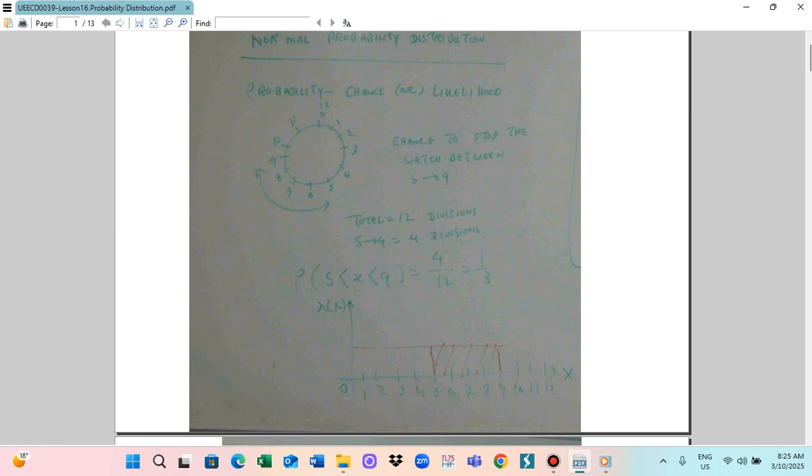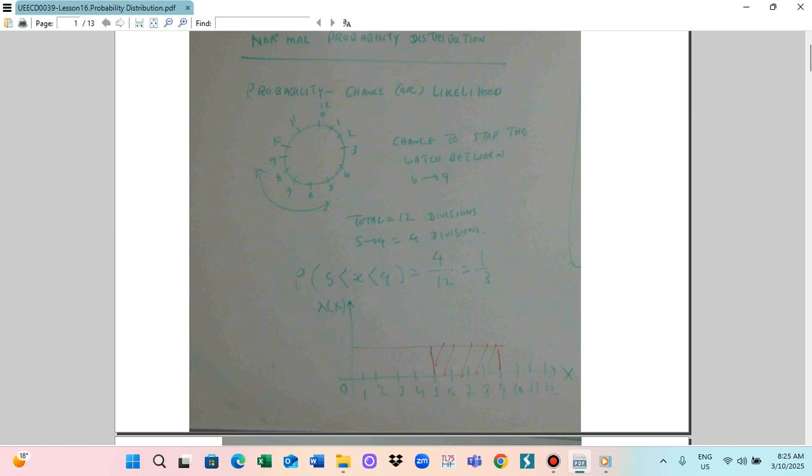This one we can also draw on a graph. How to draw the graph? The whole graph is represented, the axis starts from 0, 1, 2, 3, 4, 5, 6, 7, 8, 9, 10, 11, and 12. So the scale will be 12.